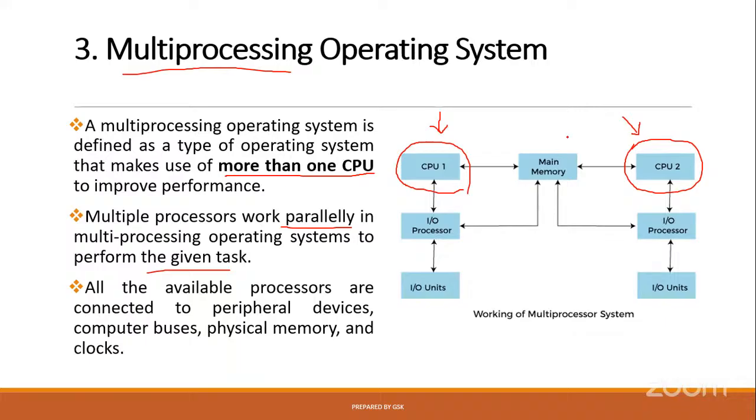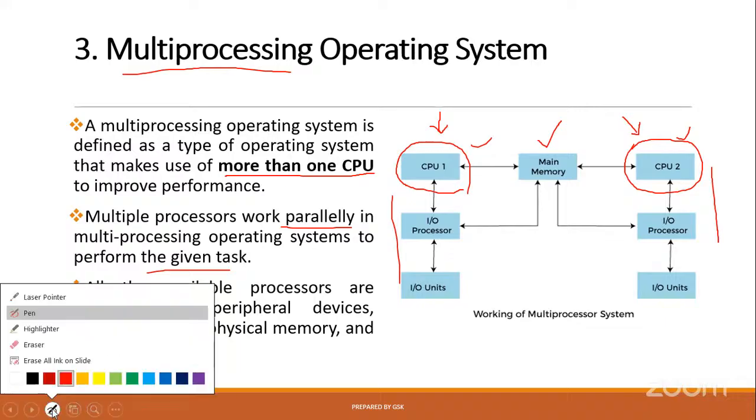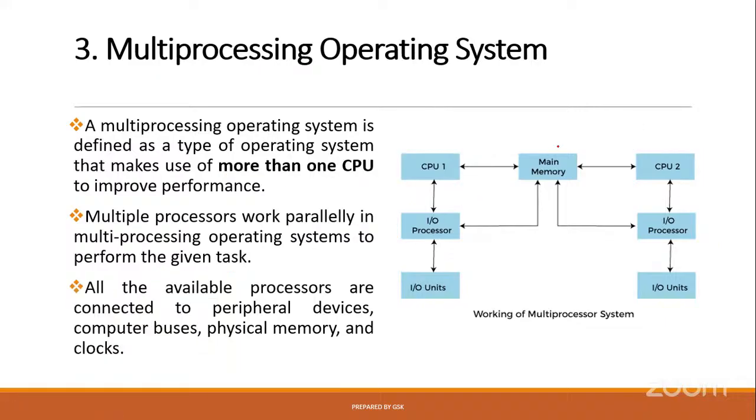All the available processors are connected to peripheral devices, computer buses, physical memories, and clocks. So here we are using two processors, but all the remaining components, all the connections, will be maintained for these two CPUs. But an important point is that a single main memory is maintained because everything the CPU wants to execute must be loaded in the main memory, and the CPU can access the data only if the data is available in the main memory.